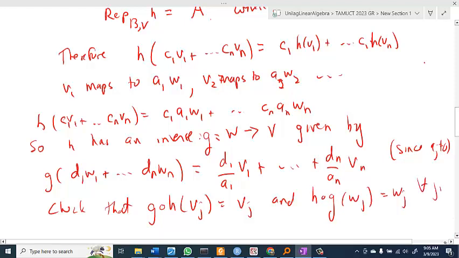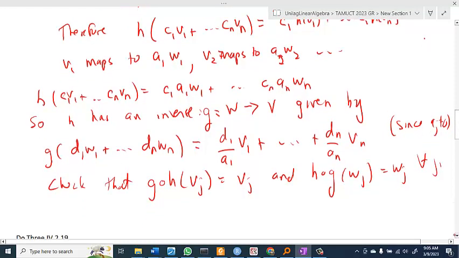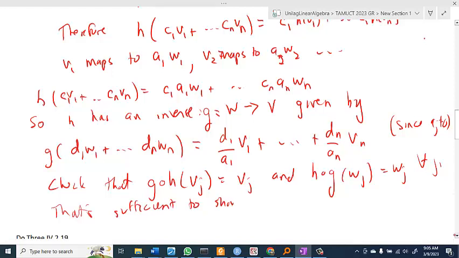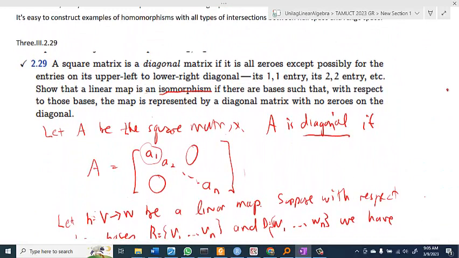And that's sufficient to show that these are inverses of each other. Now, if you look in the answer key, he says you can just cite some lemma, but I think this really shows you what's going on.